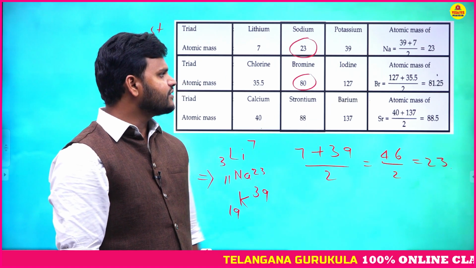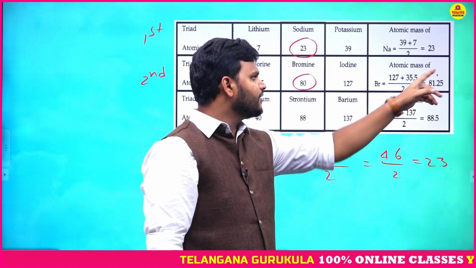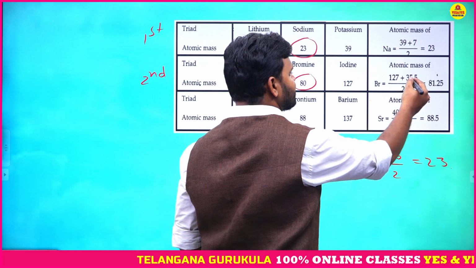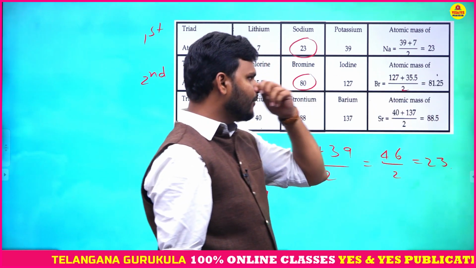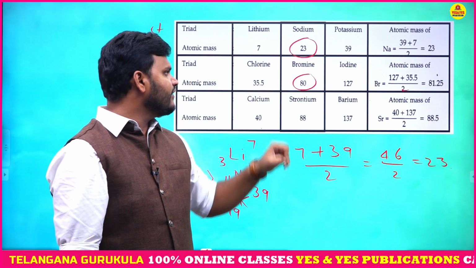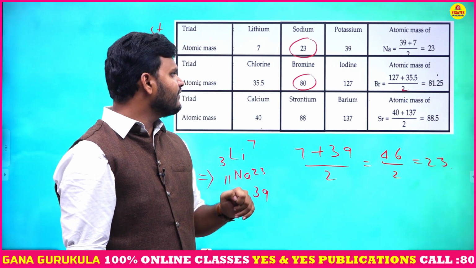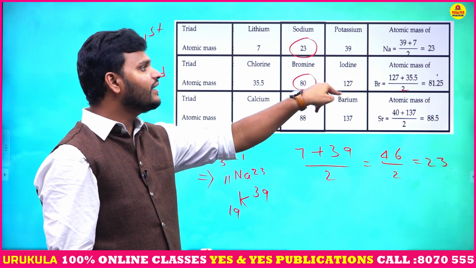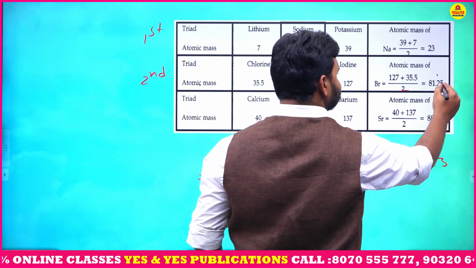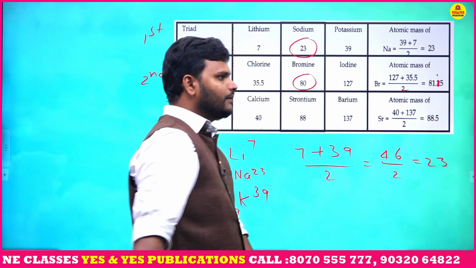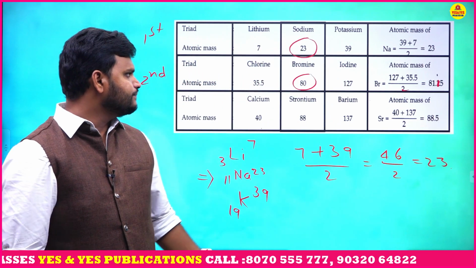When you take the average, you will get 127 plus 35.5 by 2, which is 81.25. But here the value is 80. Actually you will get about 81.5. Don't get confused.